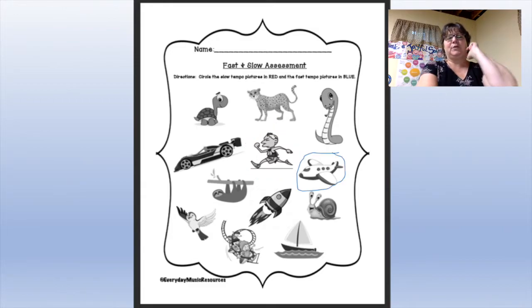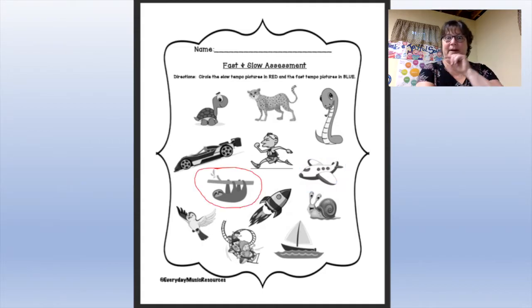I wonder if you've learned about this next animal. This animal's called a sloth. I don't know if you've read any books about sloths or heard any stories about them, but do you think they move at a fast tempo or a slow tempo? Well, if you said slow, you're right, and that's why I circled it in red.